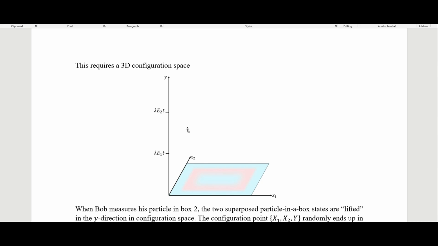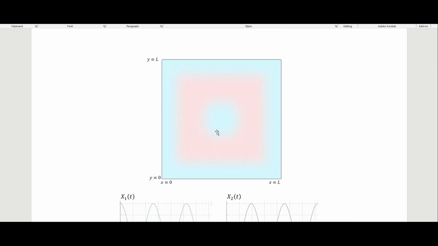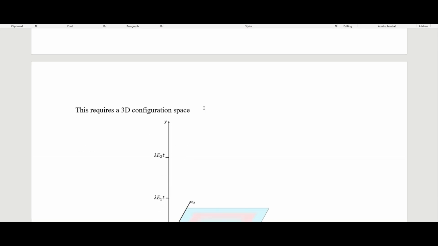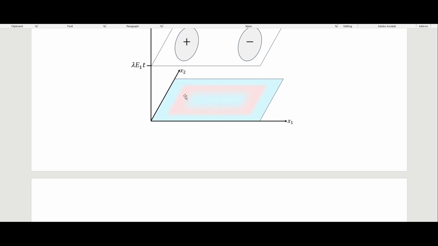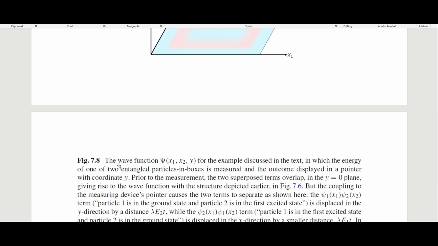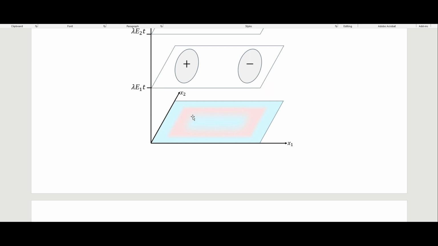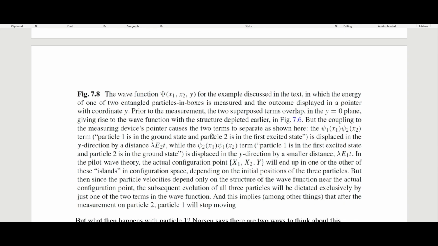This is the figure that corresponded to figure 7.6 in his book, so that's why I put that down here. His figure 7.8 did not have this down here, and that's why I adapted it for myself here.